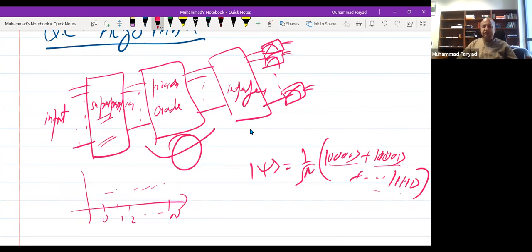have the same amplitude. And then what we do in this oracle part is, we do some processing, and then we do some interference. So over here, we had an equal superposition of all possible states.